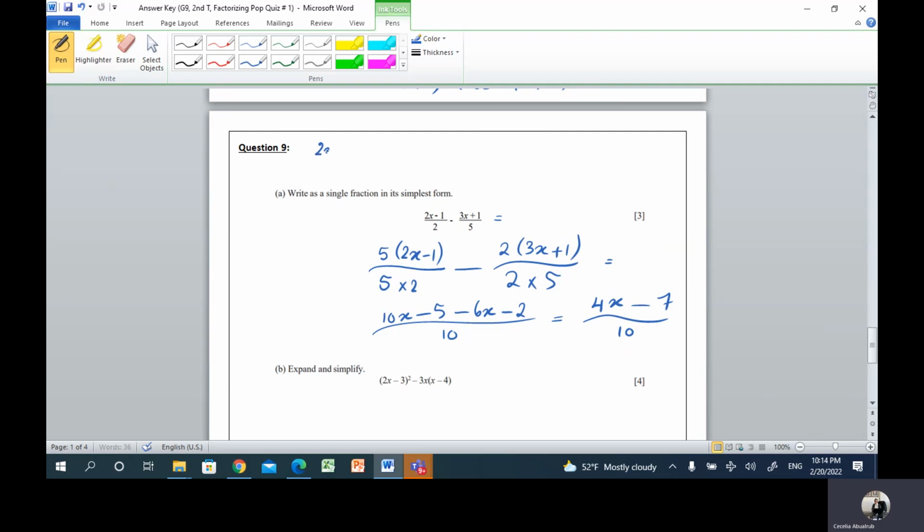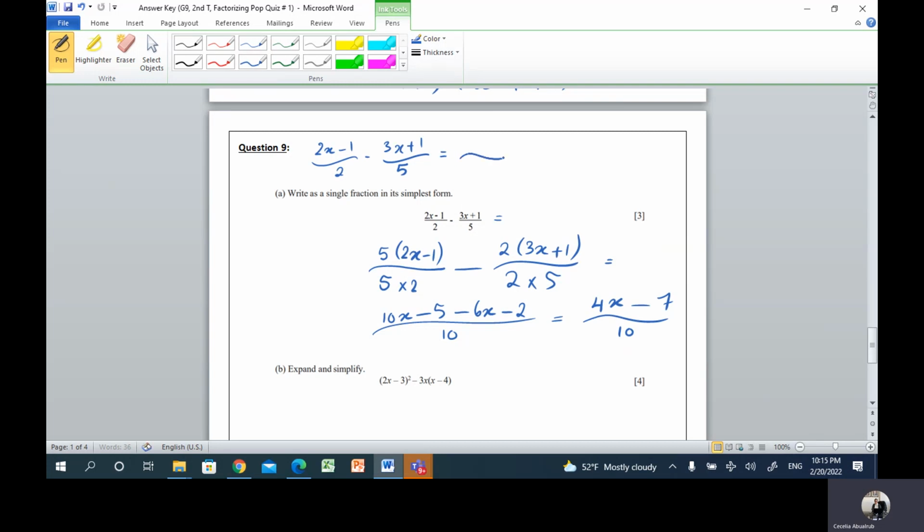You can say 2x minus 1 over 2 minus 3x plus 1 over 5. Sorry, this one I think it's not clear, so I'm going to make it clear.